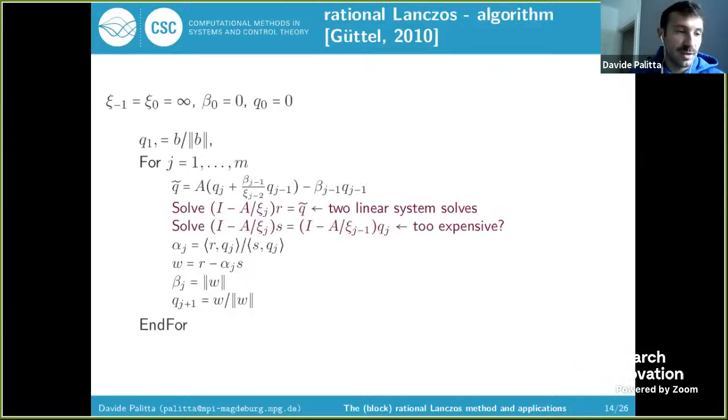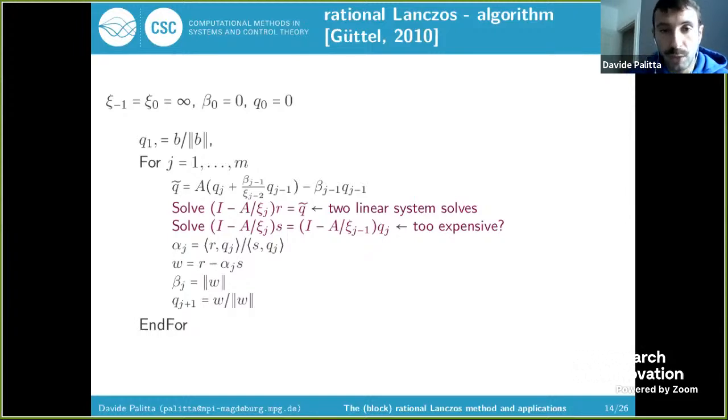And that was probably the main reason why Stefan says in his thesis that maybe this method is not that competitive because of this drawback. From a computational point of view, of course, we need to solve 2 linear systems in place of only 1.